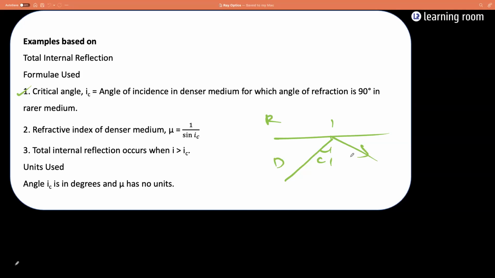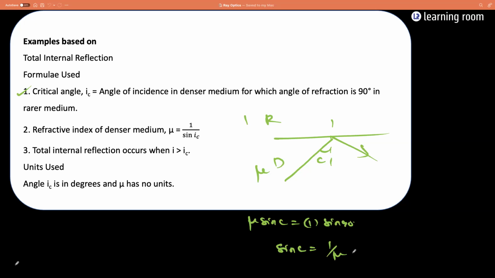Or when it is incident at the critical angle, the angle of refraction would be 90. So both are the same. So if I take the refractive index here as mu and here as 1, then mu into sin C is equal to 1 into sin 90. So sin C will be equal to 1 divided by mu, or C is equal to sin inverse of 1 by mu.